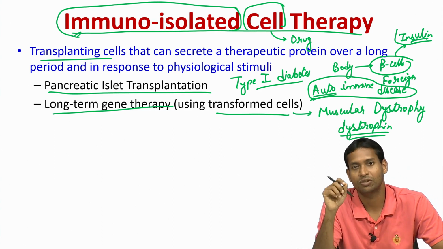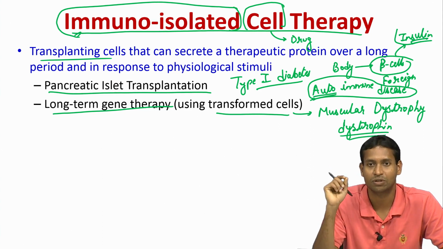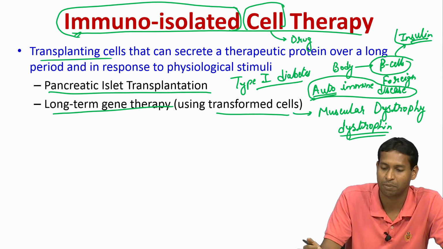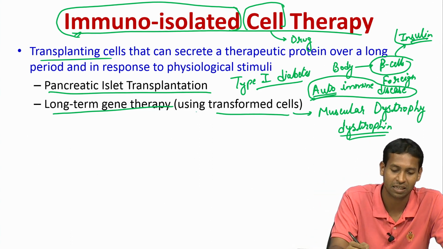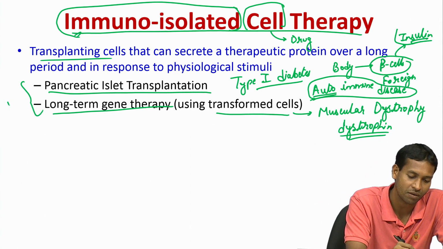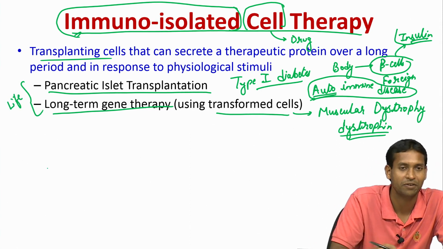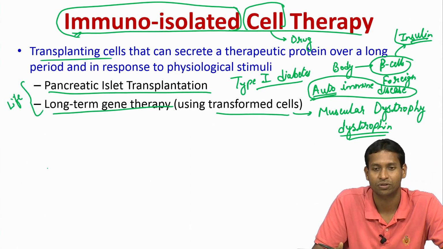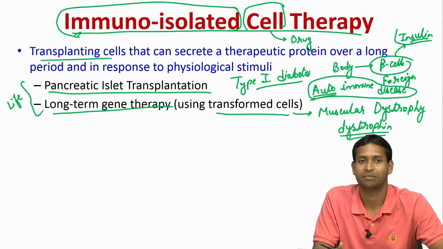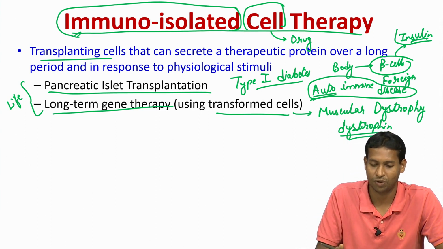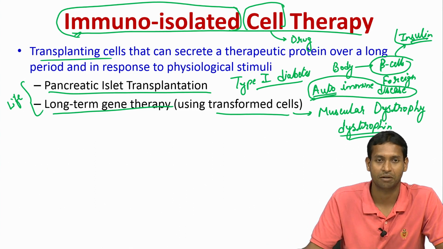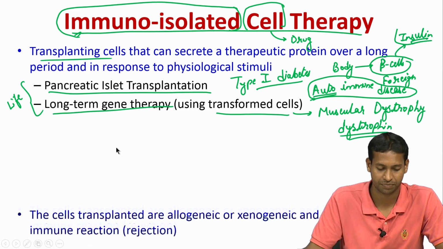So you want to make sure that these cells survive for a long duration, because this is a therapy for life. Both of these therapies, as long as the patient is alive, you want the cells to be alive. So in that regard, you want to immunoisolate these particular cell therapies from your immune system.